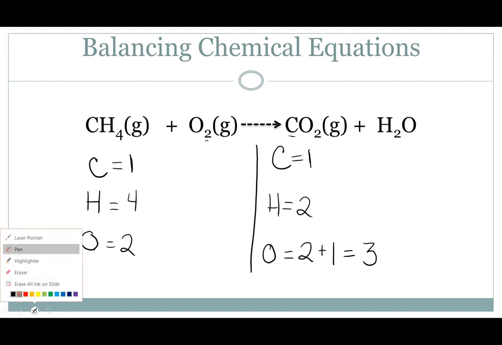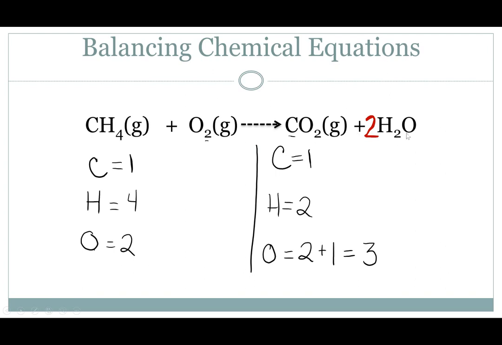So what can we do that would give us 4 atoms of hydrogen? Well, my guess is that it's not just 1 molecule of water that gets formed. My guess is that we actually form 2 molecules of water. Okay?